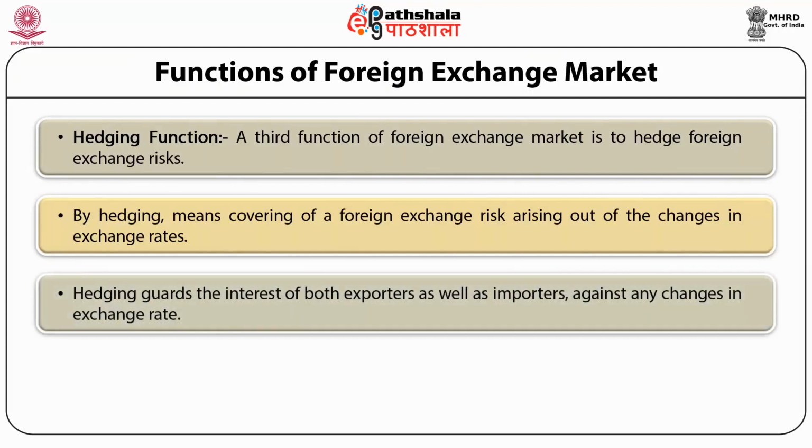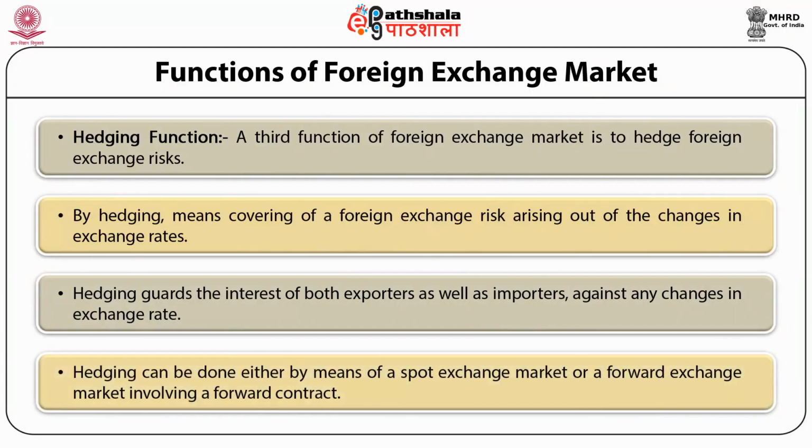Hedging guards the interest of both exporters as well as importers against any changes in the exchange rate. Hedging can be done either by means of spot exchange market or a forward exchange market involving a forward contract.